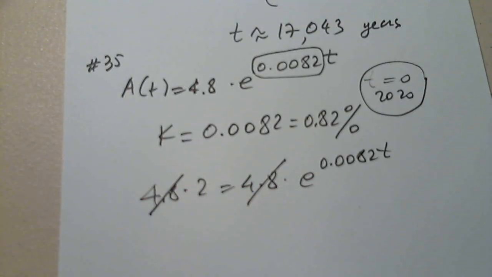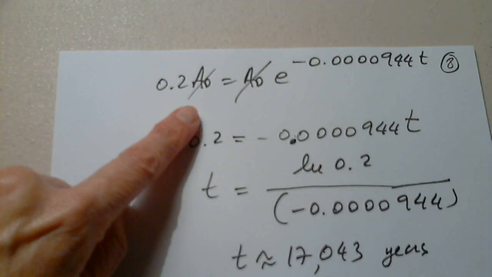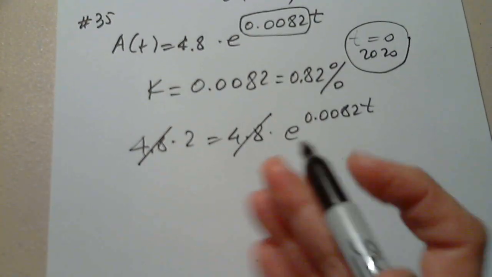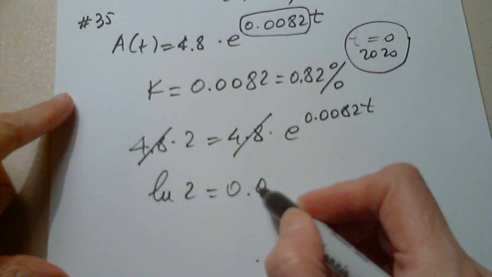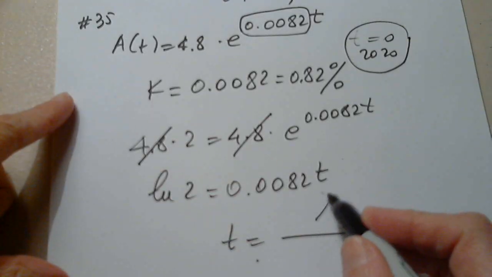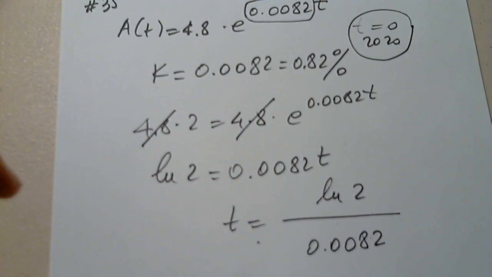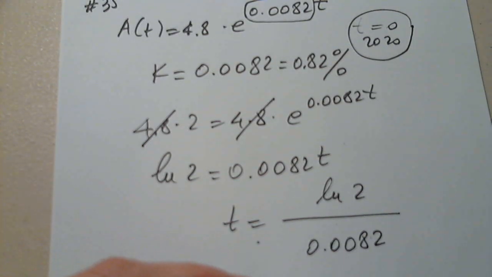It will be a waste of time to even multiply. It's the same procedure. Apply natural log to both sides, bring down 0.0082t, and divide: natural log 2 over 0.0082. I do not need parentheses around this because it's positive.